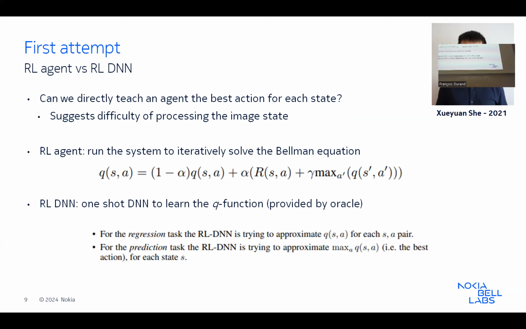One we call the regression task, where what we're trying to do is directly approximate the Q value for each state and action pair. The second task we call the prediction task, where we're not trying to predict the Q function directly, but we're just trying to predict the maximum action. So the output of the network is basically what's the best action to take.